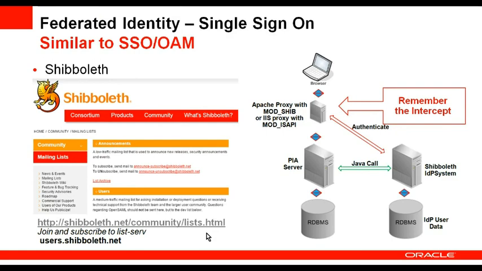If you're interested in looking both at just the generality of federation and in Shibboleth in particular, I would suggest that you subscribe to shibboleth.net, which has a number of listservs, especially the users.shibboleth.net. That's a very active listserv, and it gives great insight not only into the concerns about implementing Shibboleth, but also just general concerns about implementing federated identity and the difficulties in doing that.